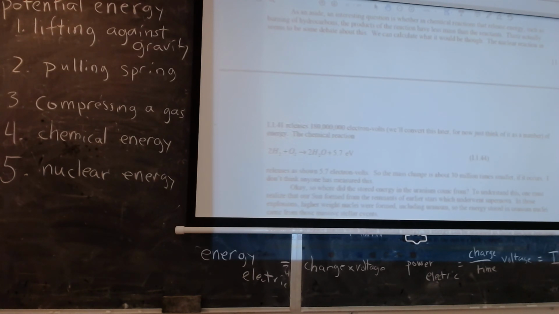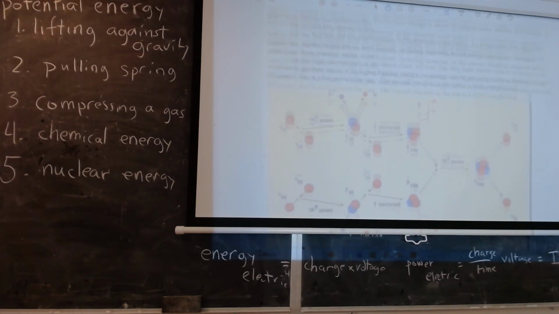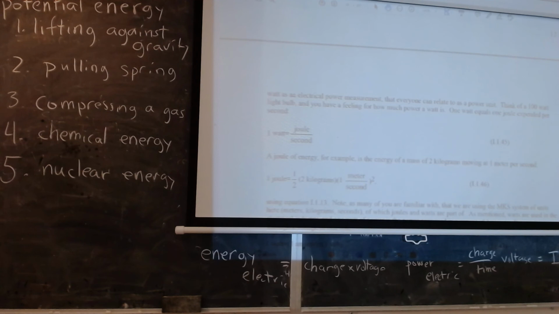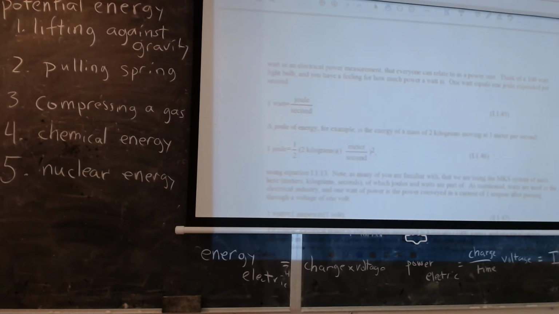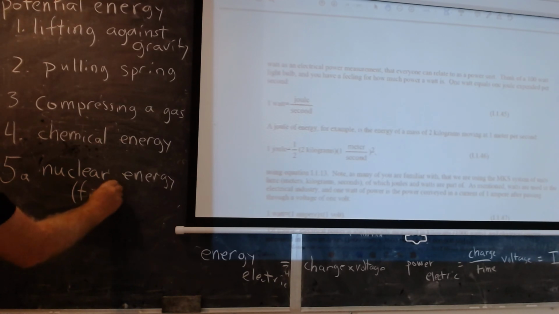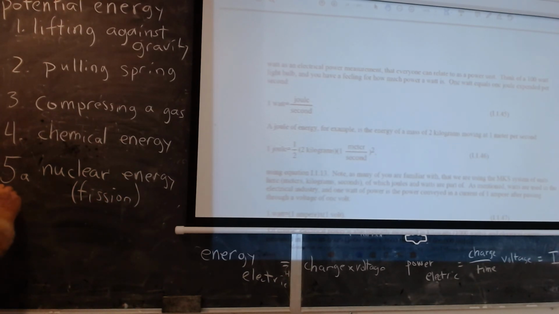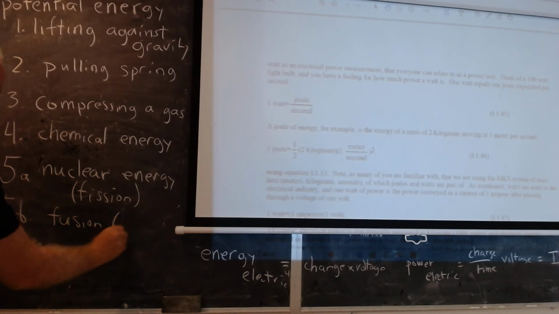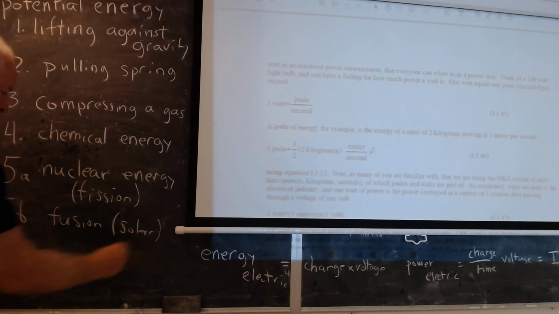Now, this goes through what happens in the sun and things like that, and we could call 5A fission, which is uranium, and 5B fusion, which is solar, which is what happens in our sun.